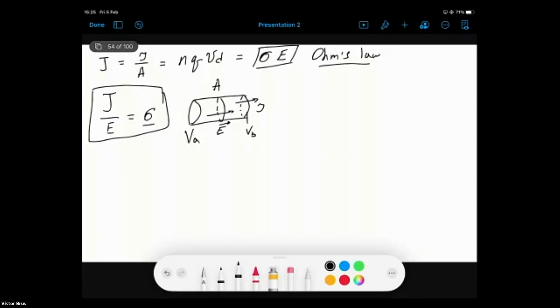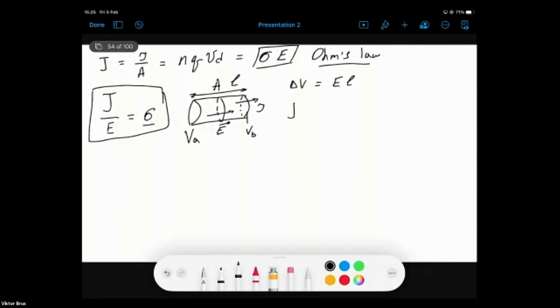So we have some potential difference between these edges. Assuming that we have a uniform electric field, the difference in potentials between these two edges will be the electric field times the length of this segment, L.